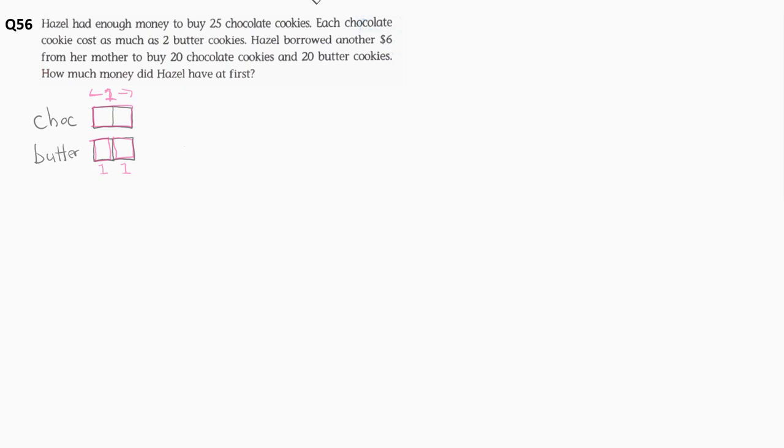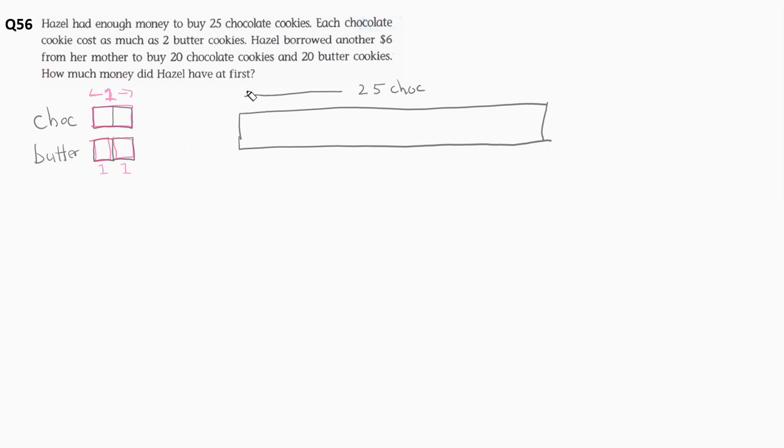So let's see what we can figure out. Her original amount of money would have allowed her to buy 25 chocolate cookies, but she doesn't buy 25 chocolate cookies. She only buys 20 chocolate cookies. And the significance of that we will have a look at in just a moment. So this is a bar that represents what she could have bought with her original amount of money. So this represents 25 chocolate cookies.